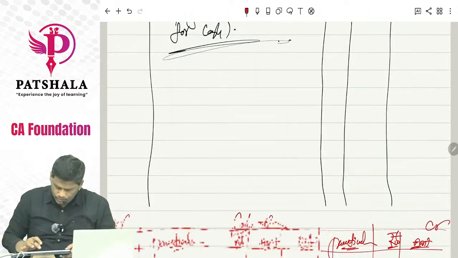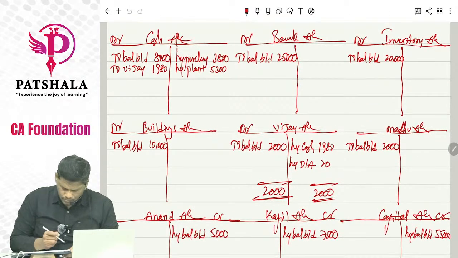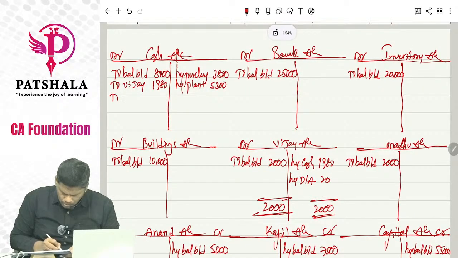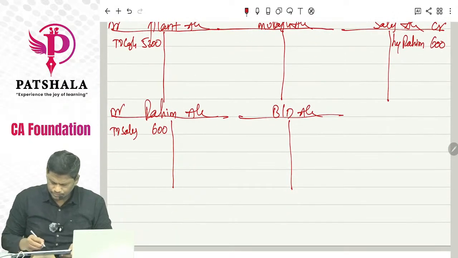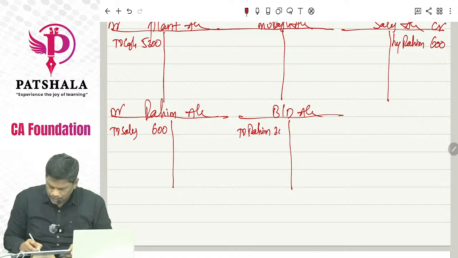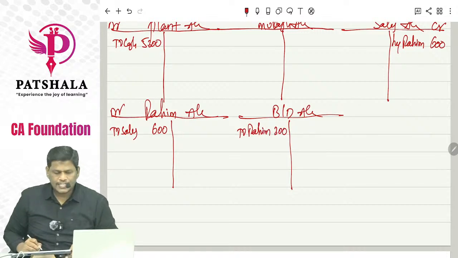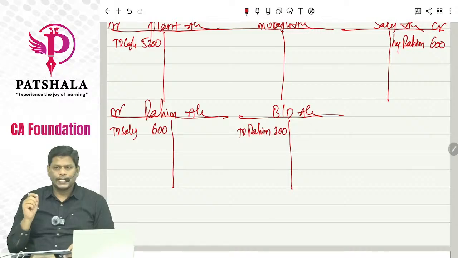So go to cash account, to Rahim 300. Go to bad debts account, to Rahim 300. Go to cash account, write to Rahim 300. Go to bad debts account, write to Rahim 300.